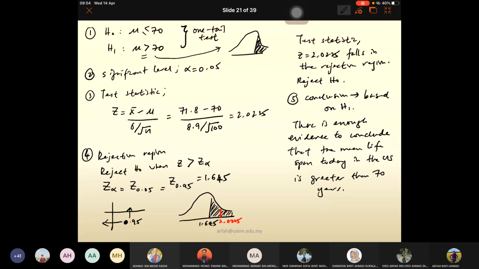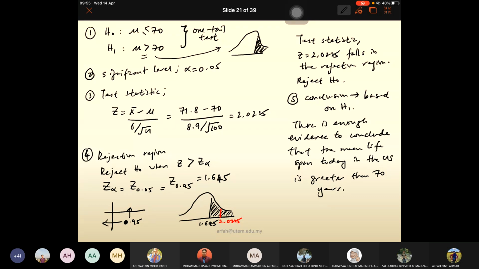Because this one is one tail, if you look at the blue table, it is on the side of the second column, second row of the table. Z greater than Z alpha. Although it gives your alpha as 0.05, because it is the right-side area, that is why we take its complement, 1 minus 0.05.